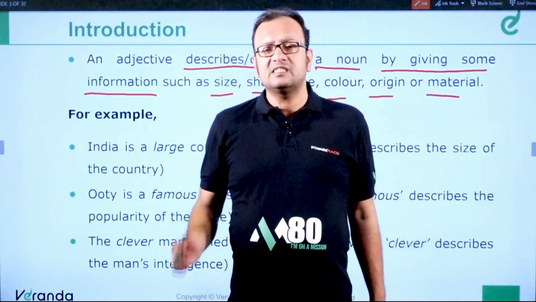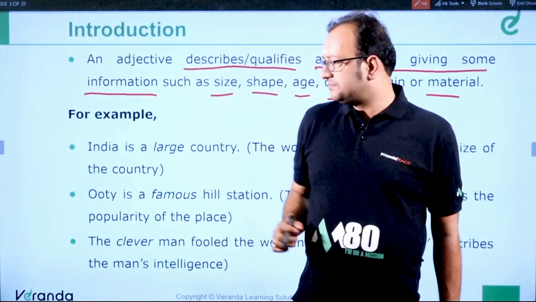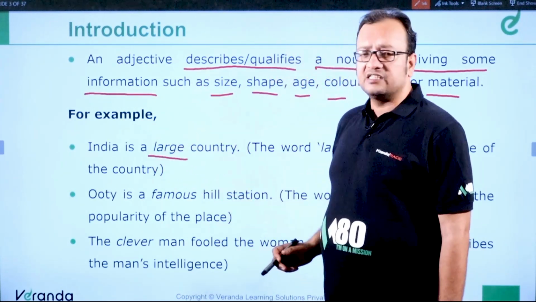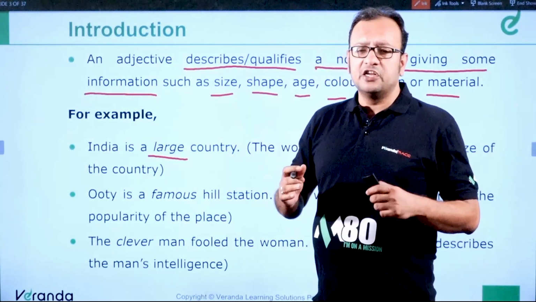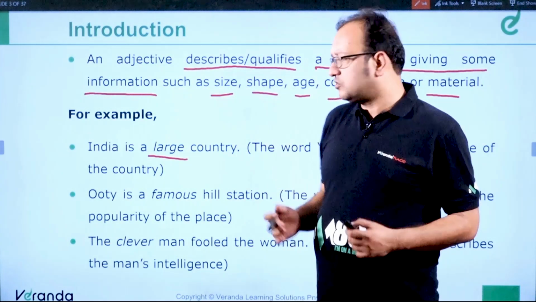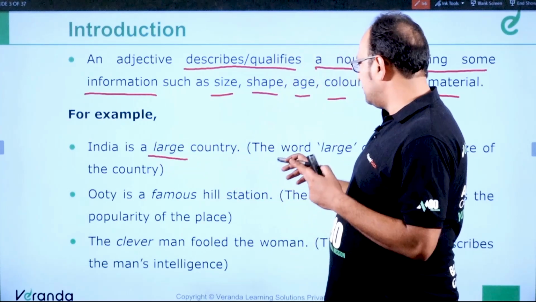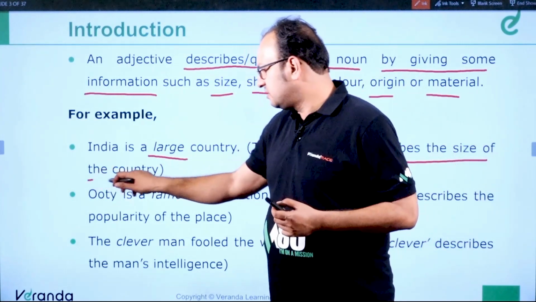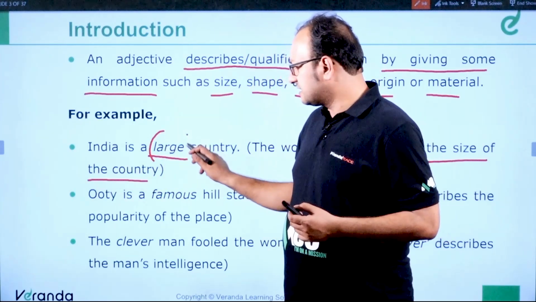Example: India is a large country. Large is a word which describes the hugeness, enormity of something. The word large describes the size of the country. So this word is an adjective.